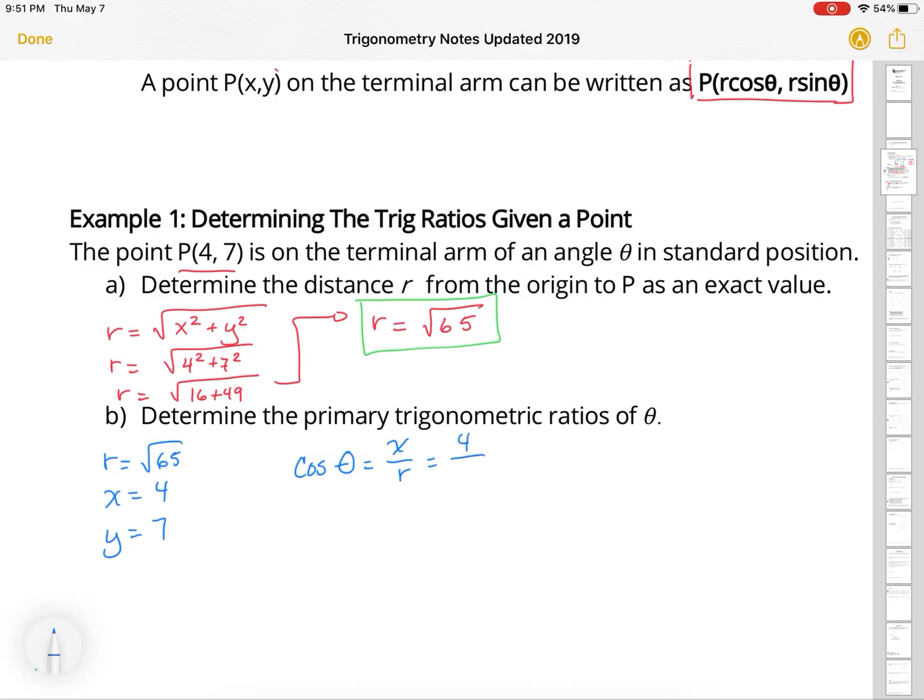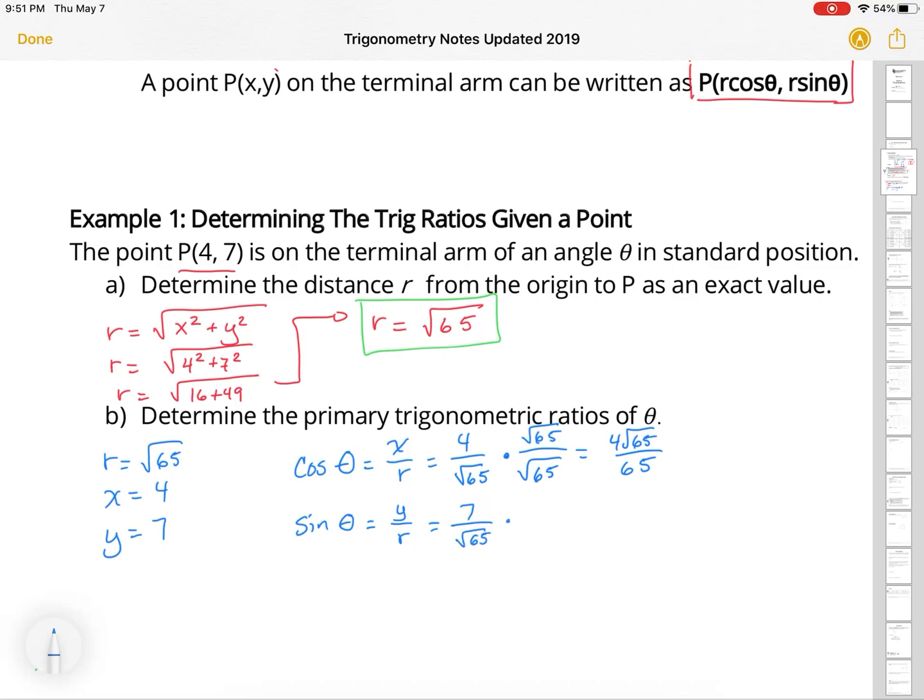From that box, cos theta is equal to x over r, so that's going to be 4 over root 65. Now, we don't like to have a radical in the denominator. Remember back when we did radicals, we rationalized the denominator. So we times the top and the bottom by root 65, and we get 4 root 65 over 65.